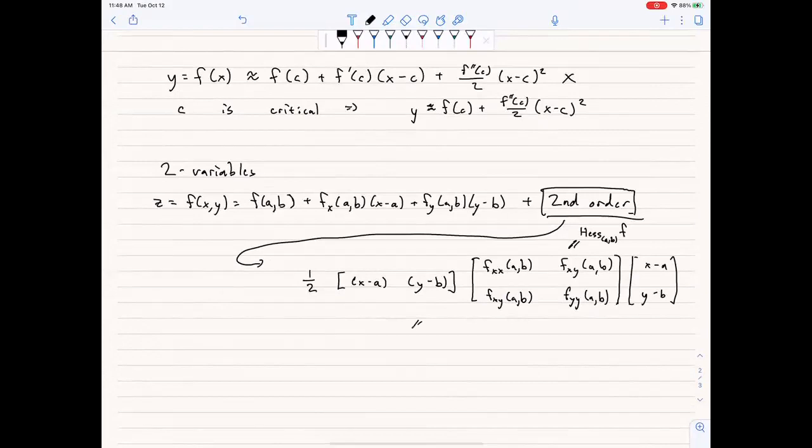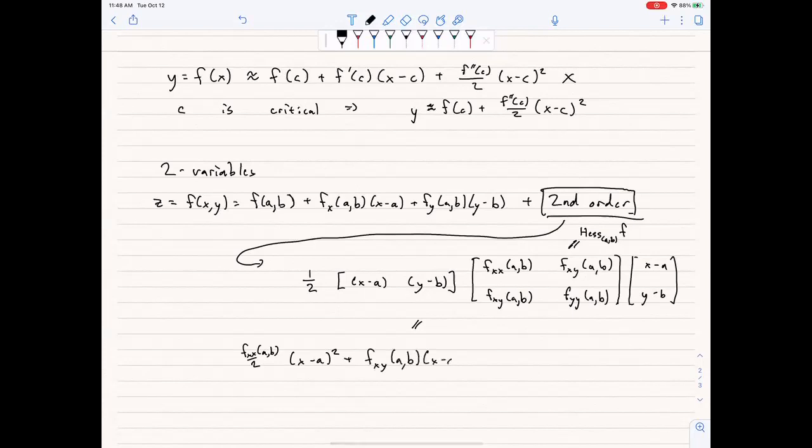And if we were to write this out, it looks not quite as lovely as the matrix equation, depending on your taste. But let's write it out. So we get a mixed partial without the two, because there's two of them.